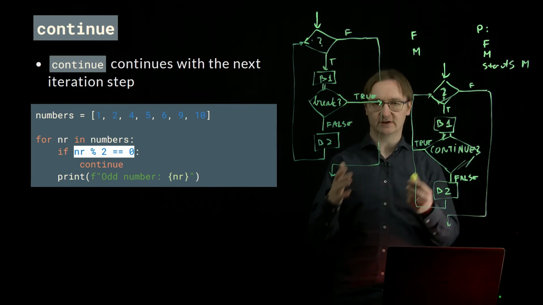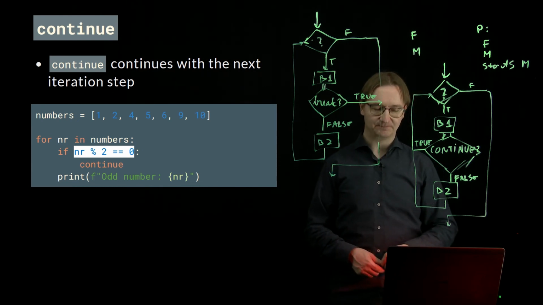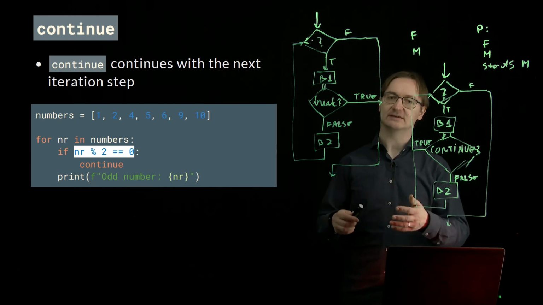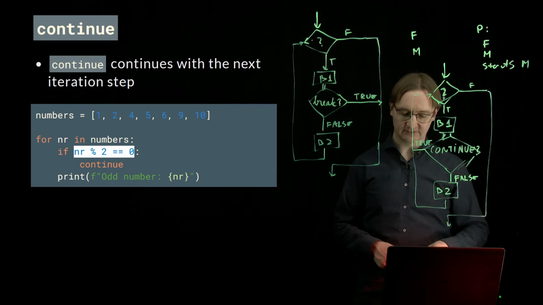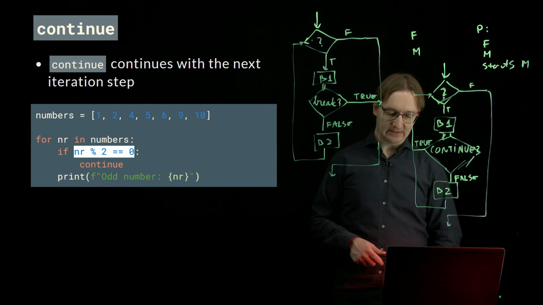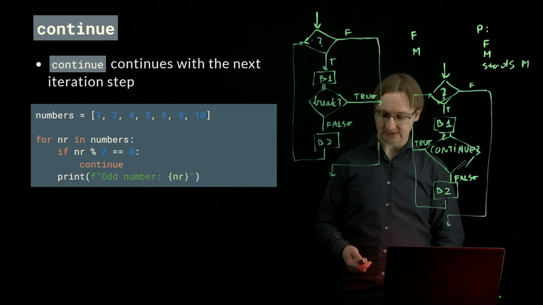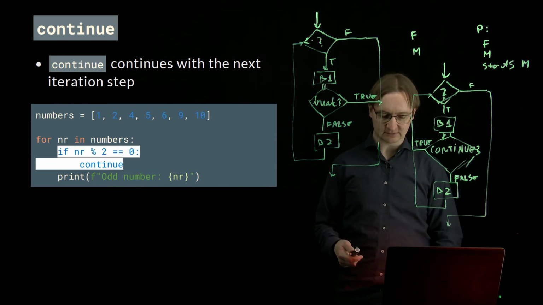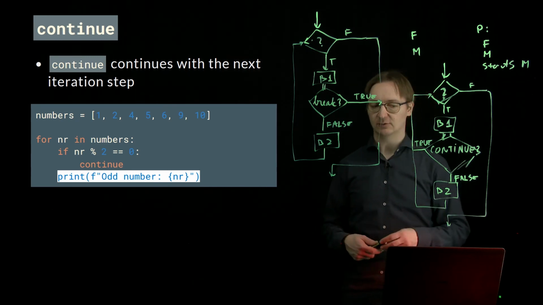So if there is no remainder, this means that the value can be divided by 2, or it's an even number. And if it is an even number, then we continue, which means that we go and take the next element. If it's not, then we don't go into this code and we just execute the rest of the loop body and print out that it is an odd number.